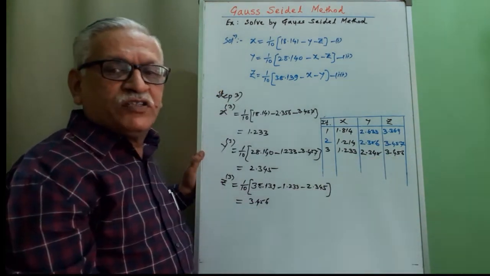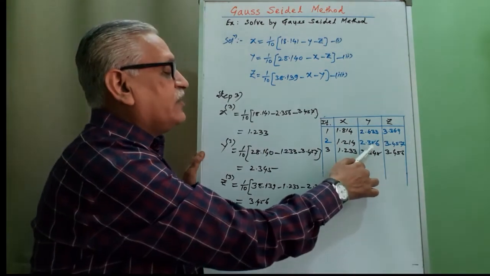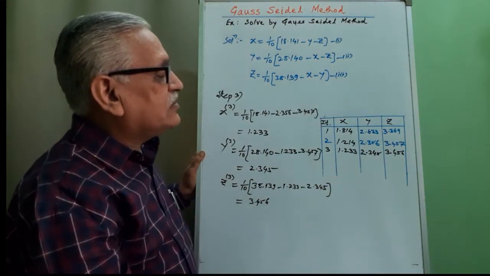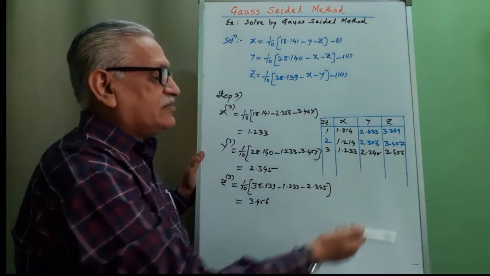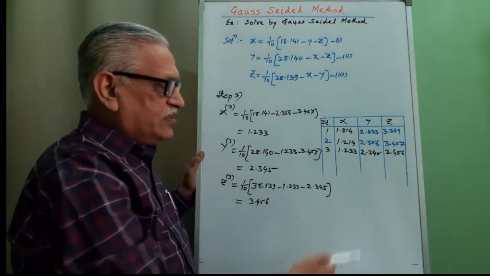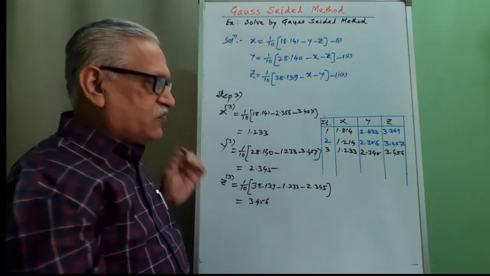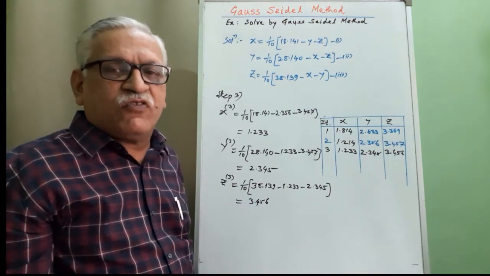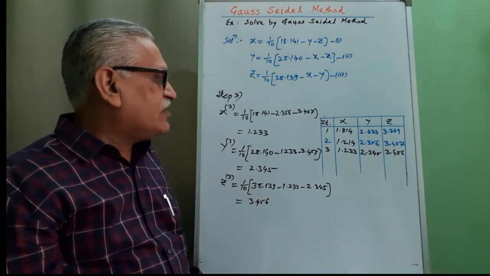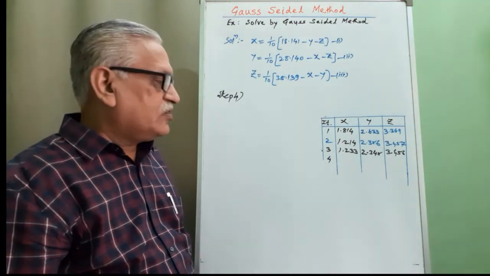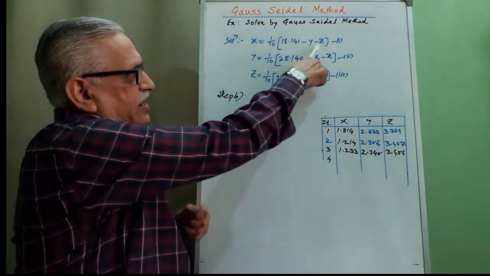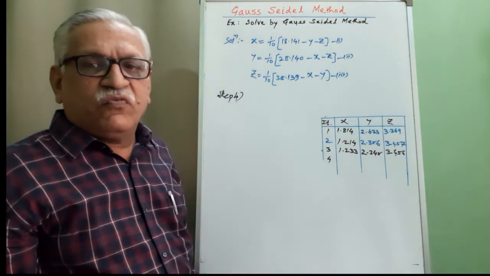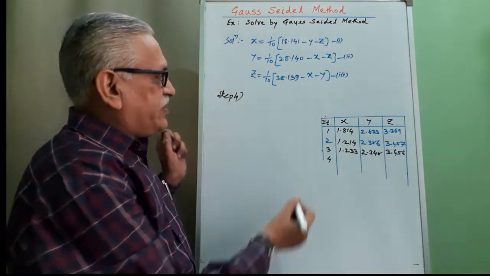A difference of 0.001 is nearly equal, but the other differences are more than that, not nearly equal, and these two values also are not nearly equal. Therefore, we have to go for one more step, one more iteration. Step number 4. Again applying equations 1, 2, 3 with the latest values of x, y, z.